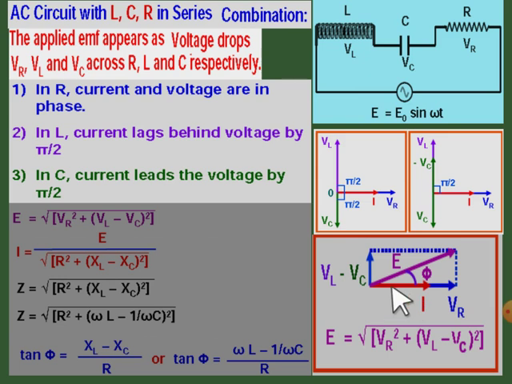The magnitude of this diagonal will be given by the square root of VR square plus VL minus Vc whole square, plus twice VR times the magnitude of VL minus Vc times cosine of theta, where theta is the angle between these two vectors. But as it is 90 degrees, there is no need of putting that term.